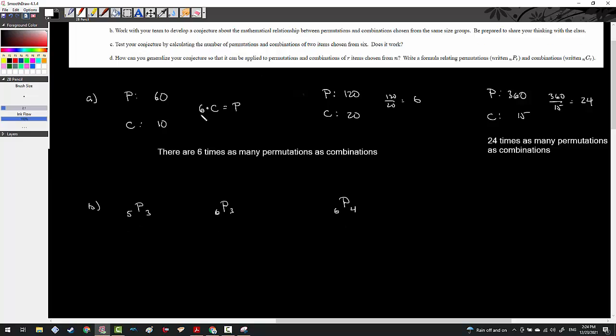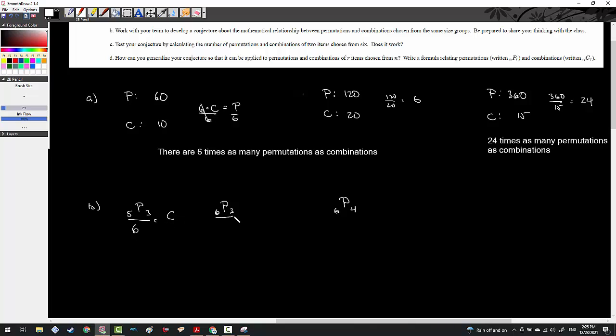Well, if multiplying by a number gets me a permutation, then dividing by that number will get me a combination, right? So if I divided this by 6, that would get me the proper combination I was looking for. In other words, that got me 10.